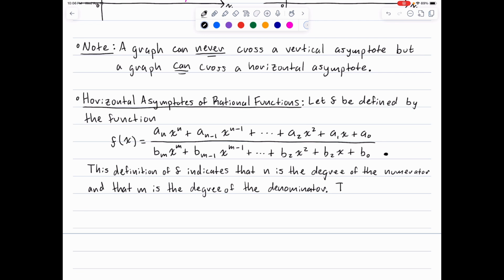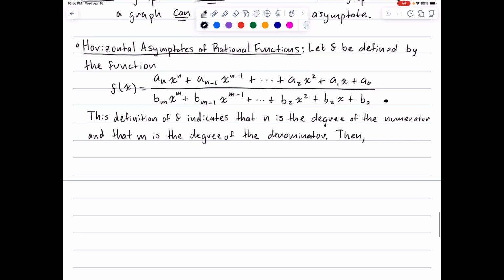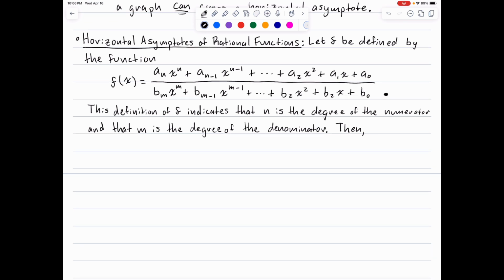Then we have three options. You'll need to memorize these. These will be really important. 1.